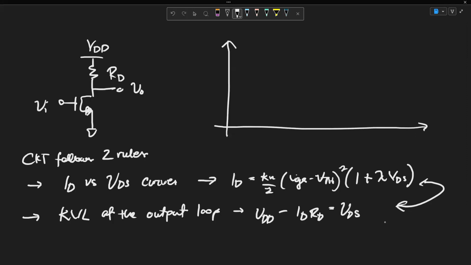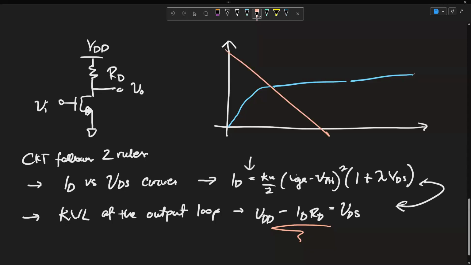Anyway, so what we would have then is this thing causes this line, no? This is the output characteristic of your MOSFET, no? And the load line is, of course, a line, because it's a linear equation, no?